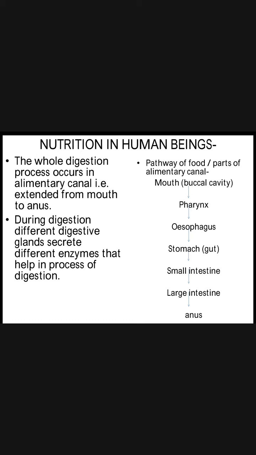In saliva an enzyme is present that is known as salivary amylase, that helps in the breakdown of starch to simple sugar molecules. And then the tongue mixes the food thoroughly with the saliva, and this food is known as bolus.